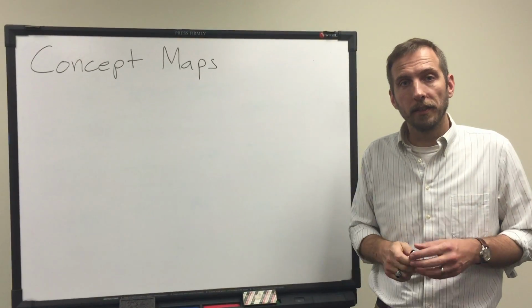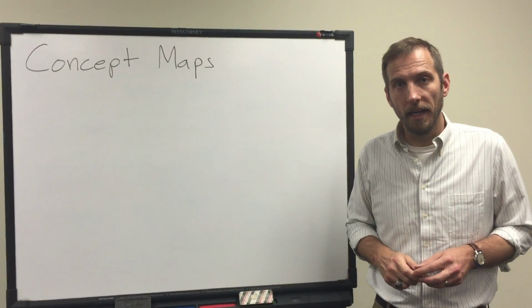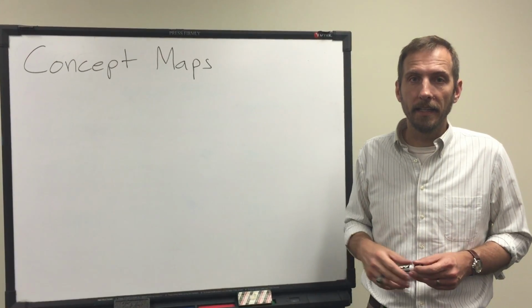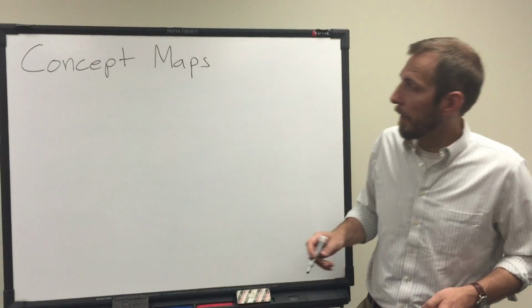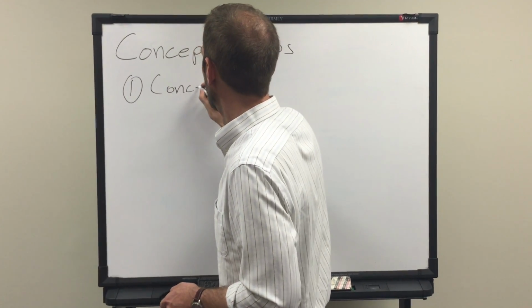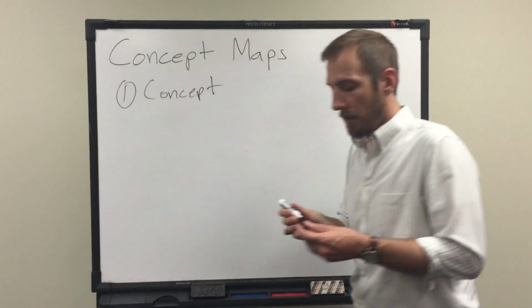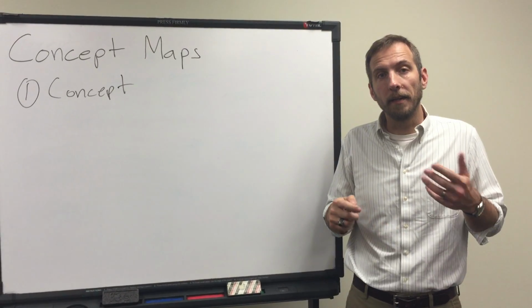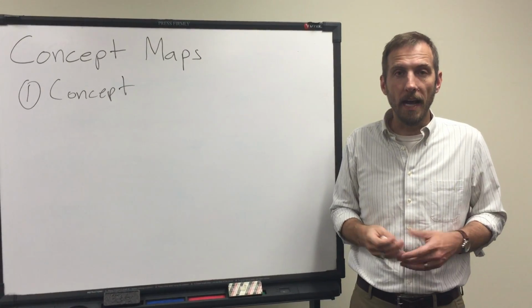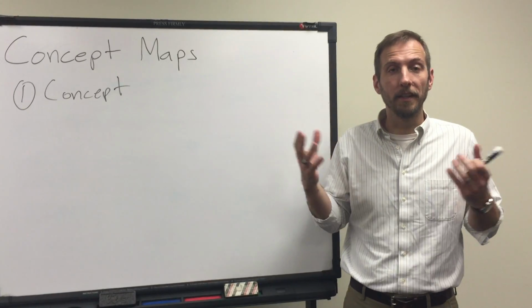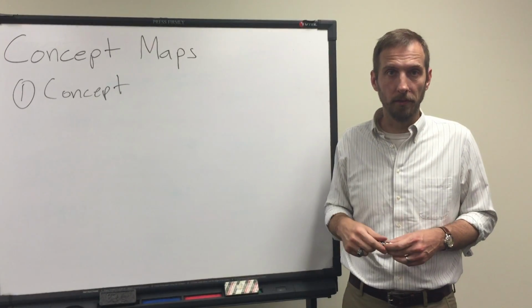Like I said before, it's a graphical tool for representing and organizing knowledge. There are several parts of a concept map, though, that we're going to highlight here to talk about. The first part is the concept. A concept is an idea that's symbolized using a word or a symbol, and usually on a concept map, the concept is put inside of a circle.